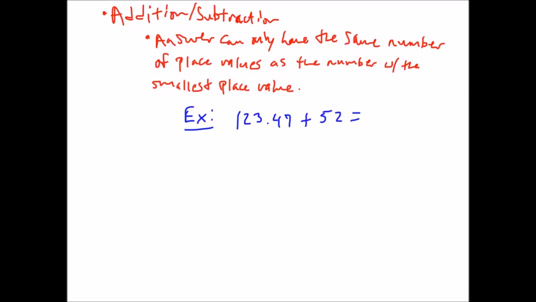Okay, so now the addition-subtraction rule. This rule says that the answer can only have the same number of place values as the number with the smallest place value. So if we look in our example, we have 123.47 plus 52. Okay, so looking at both numbers, let's do the 123 number first.